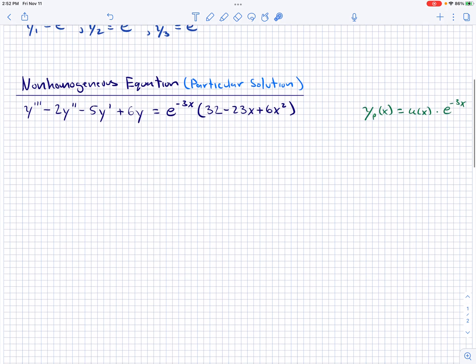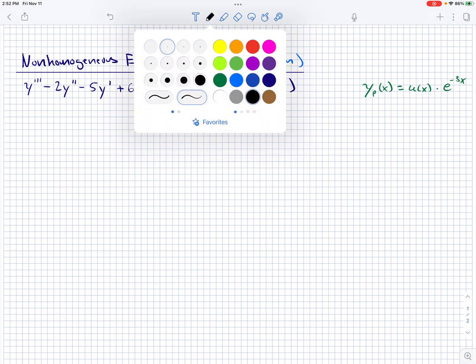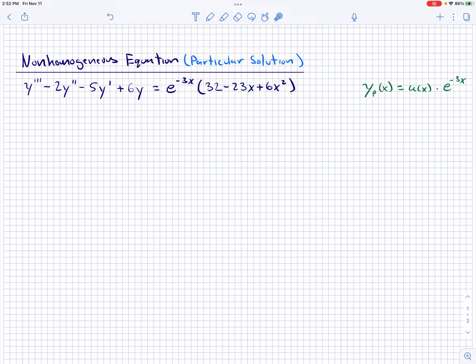To do that, we start off by noting that we want a solution that fits the form of a quadratic times e to the negative 3x. But before that, I'm going to make it general, let's say it's of the form u of x times e to the negative 3x. That may help in some calculations.